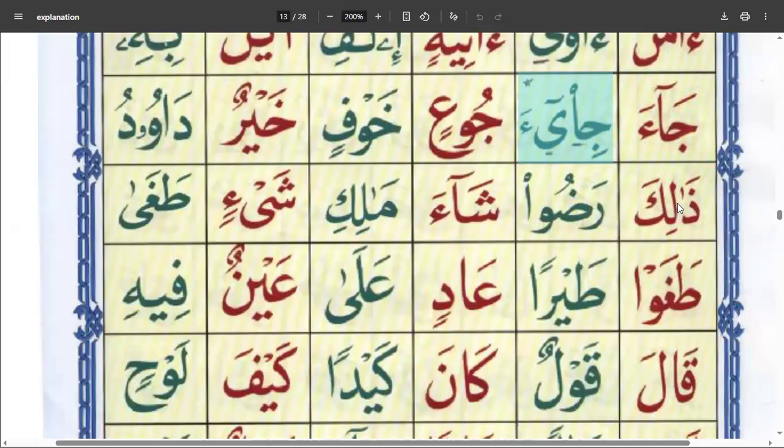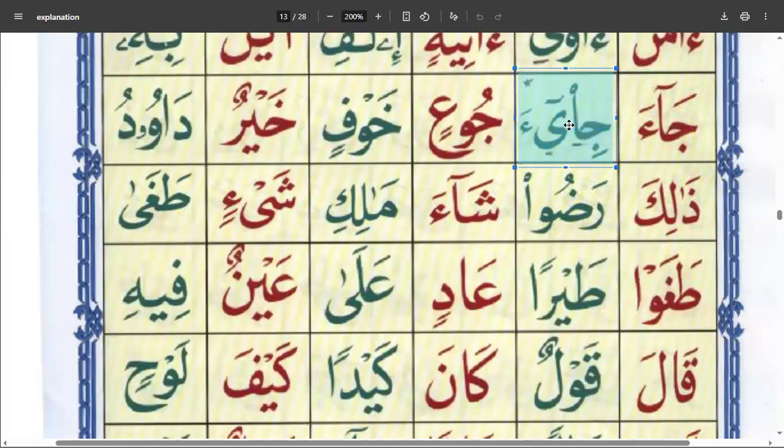But after that, you can see there is an instant hamza with fatha. As I already told you, if there is a hamza after the letters of madda, we can stretch the letters of madda up to five alif. So in this case, we again stretch it up to five alif. Ji a.